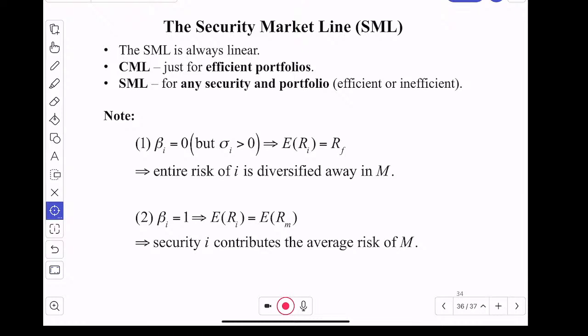So the entire risk of the asset is reduced to 0, like the risk-free rate.